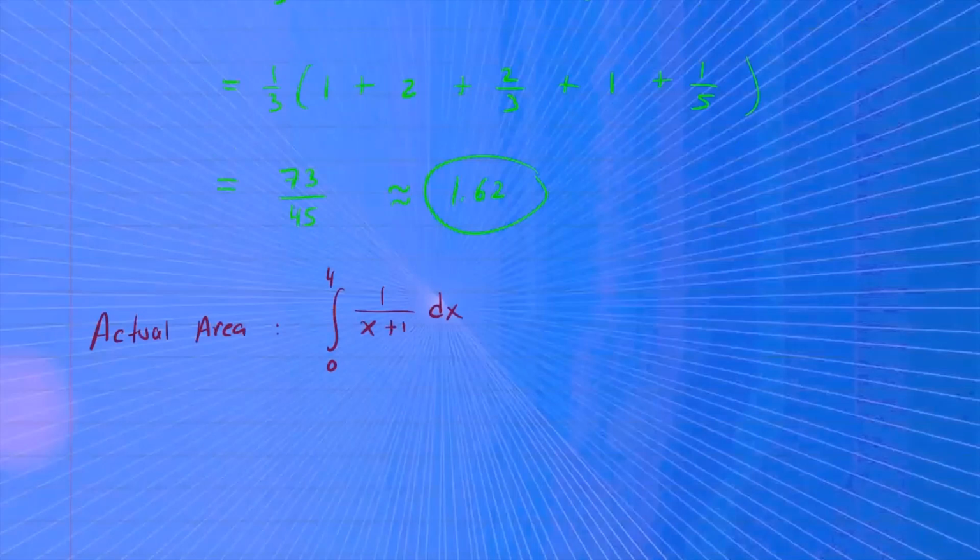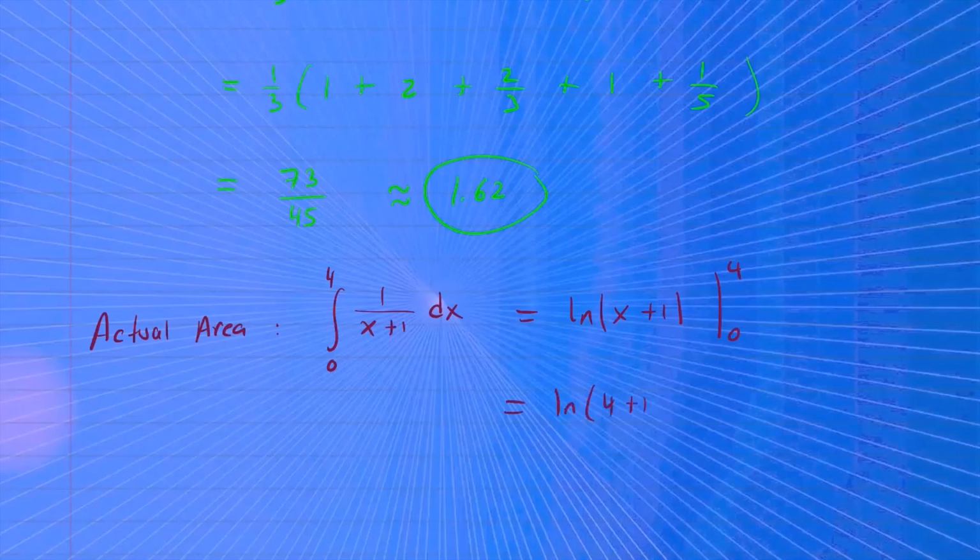This is going to be ln of the absolute value of x plus 1 going from 0 to 4. Now you can drop the absolute value since we're only looking from 0 to 4, it's going to be positive. So this is ln of 4 plus 1 minus ln of 0 plus 1. And ln of 1 is 0. So we have ln of 5.